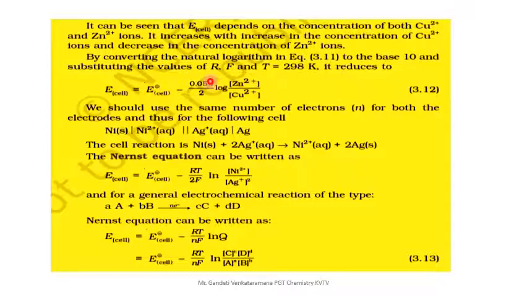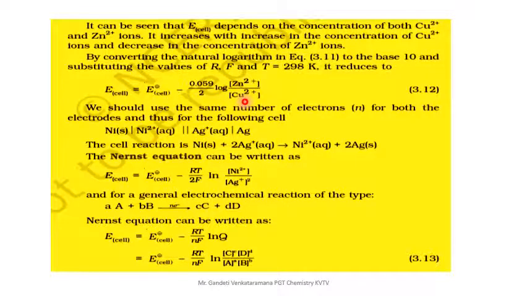Then this is the final one: E equals E naught cell minus, here we saw RT by nF earlier, but after substitution the final value is 0.059 by n. Remember this value, you need not calculate it again, just fix this number, 0.059 by n, again log base 10 of Zn2+ by Cu2+.